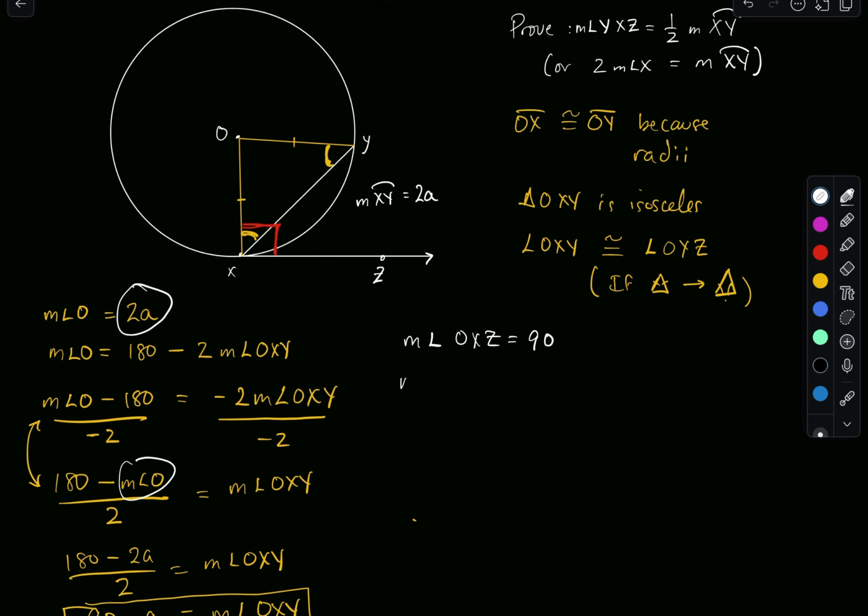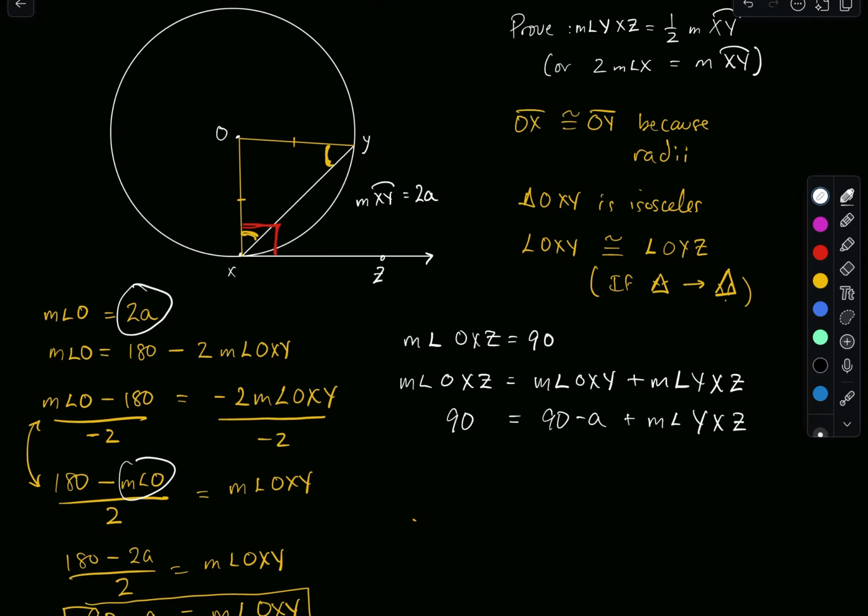Well, the measure of angle OXZ is just equal to the measure of angle OXY plus the measure of angle YXZ. So now let's do some replacing. I know this is 90. And I know that OXY is 90 minus a.